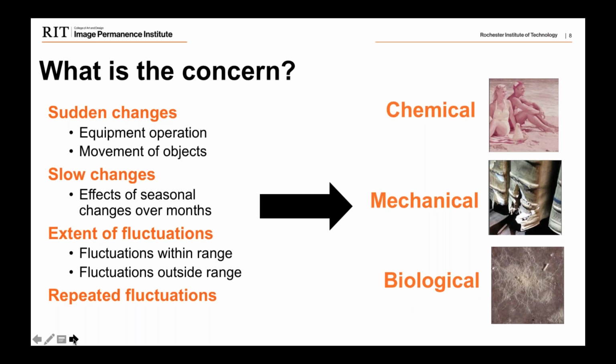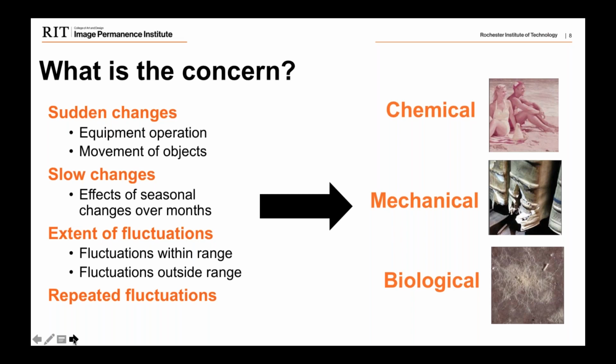The extent of fluctuations, if all of a sudden you go from 60 degrees up to 80 degrees, that can be cause for concern. Or repeated fluctuations, when you see it constantly cycling within a certain range, maybe between 30 and 50% RH, but it's doing it every couple of days for weeks on end. Those are things that we have concerns about.